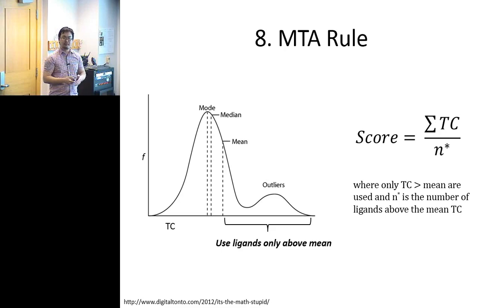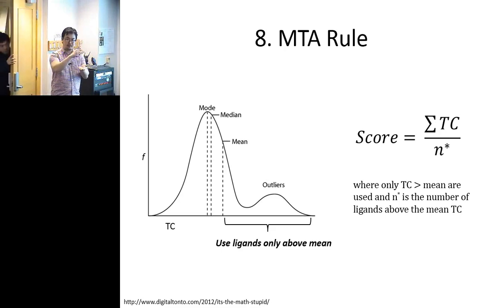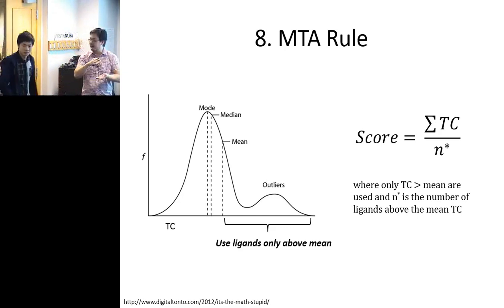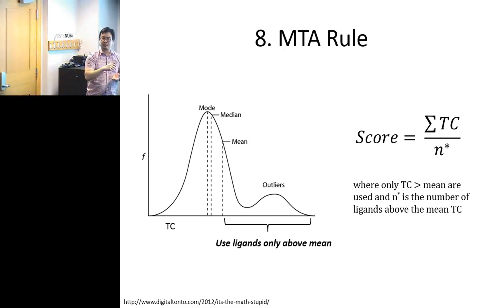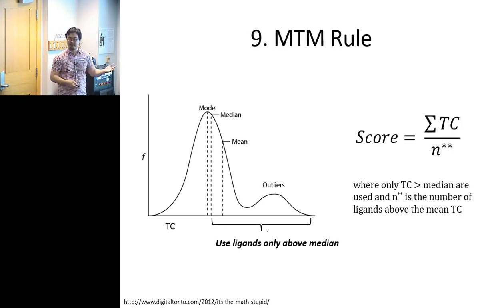So that's really to help weight your ligand profile higher if you have more ligands that are chemically similar, essentially. And the MTM rule is more the median, so along the same lines as the previous rule right there.